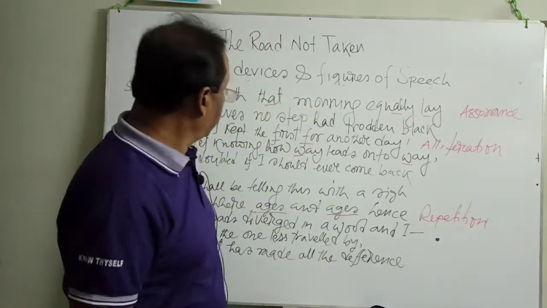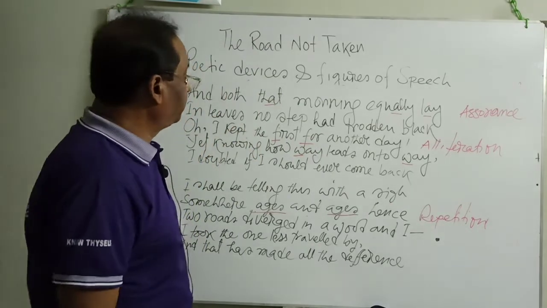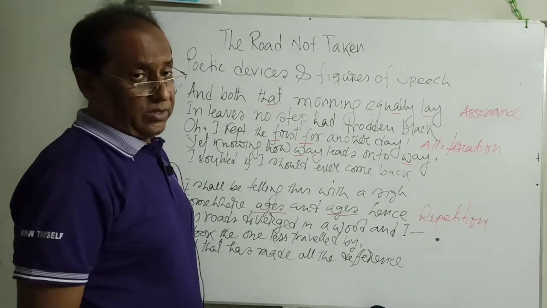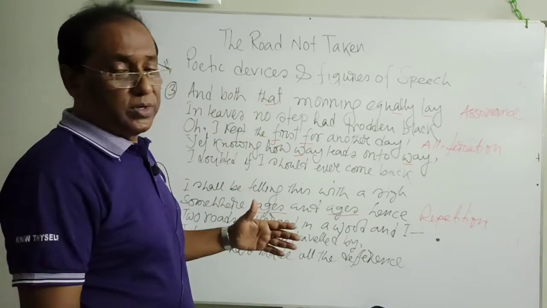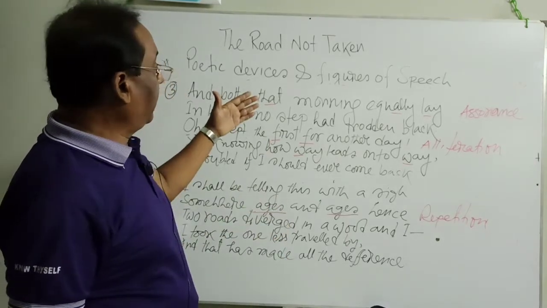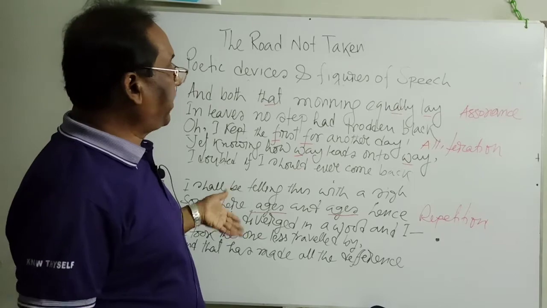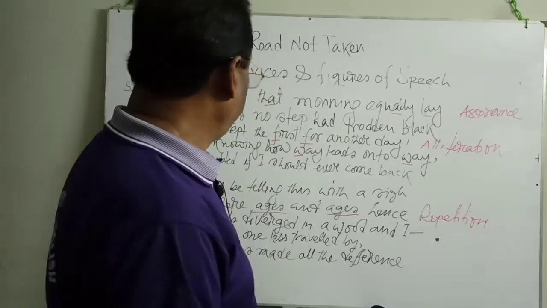So let us discuss the last 10 lines. In fact, we have already discussed the most important poetic devices and figures of speech, and here we find the repetition of all those figures of speech and poetic devices.